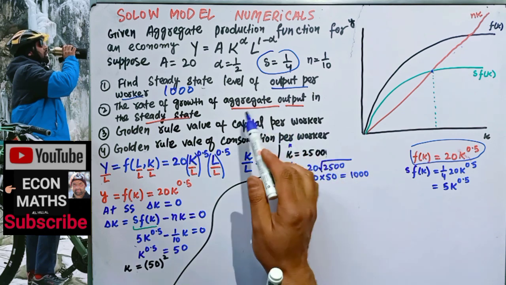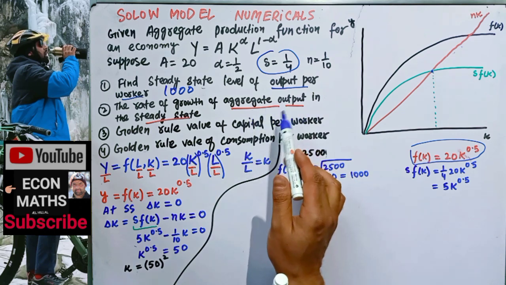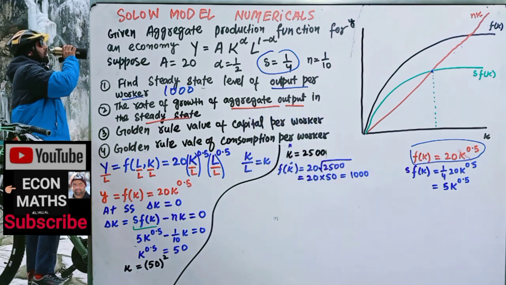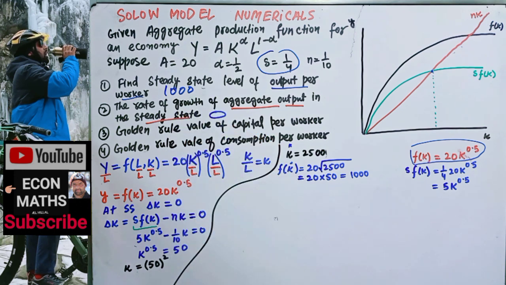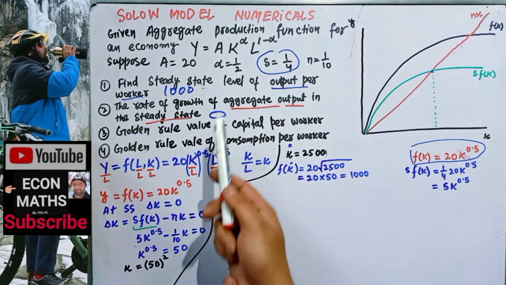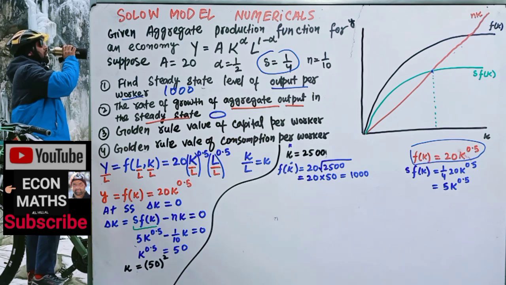That means our aggregate output will be constant, and the growth rate of aggregate output will be equal to 0. Our aggregate output at steady state will show 0% growth, because any capital that is invested is used to equip new workers with capital as population grows, since we don't have depreciation here. So this is for the second question.